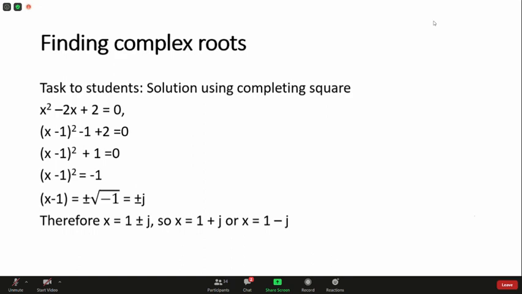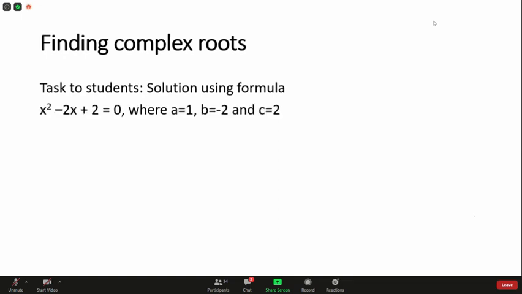Now, if you want to see the other method, using the formula, I think in O level also you have been practicing these methods. Here a = 1, b = −2, c = 2. You can realize here the completing square method is still a simple method.